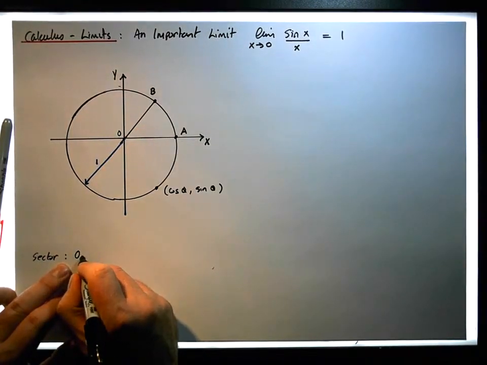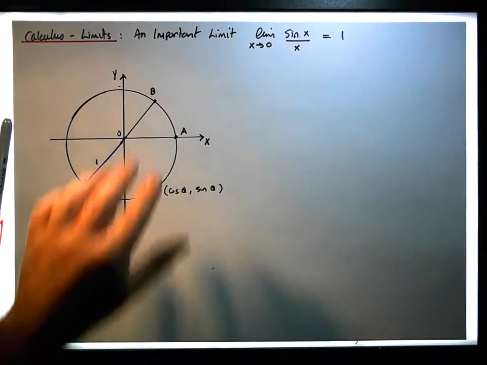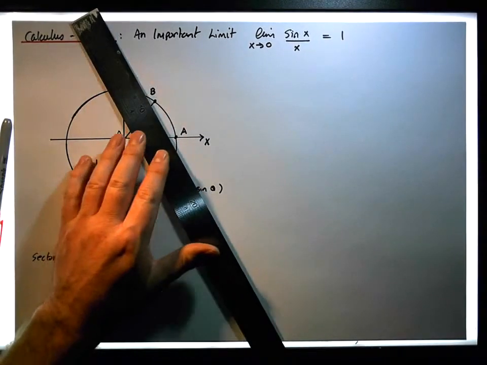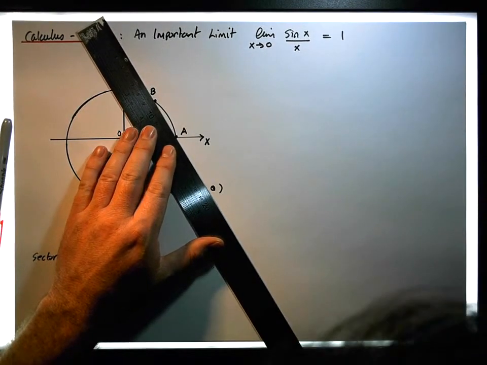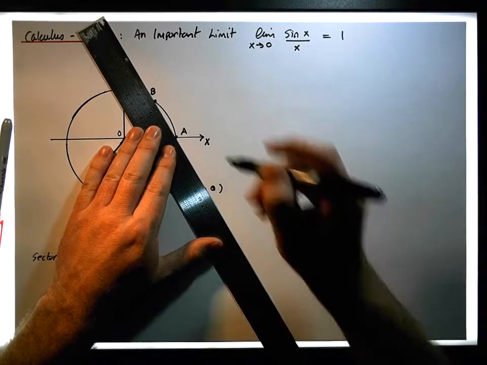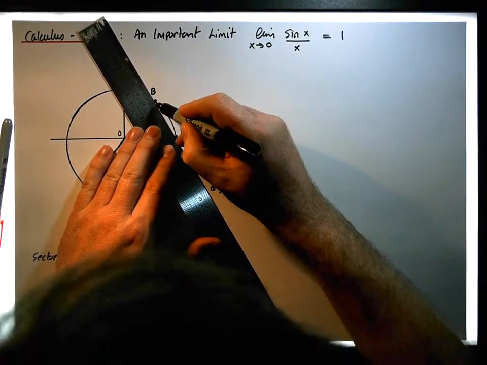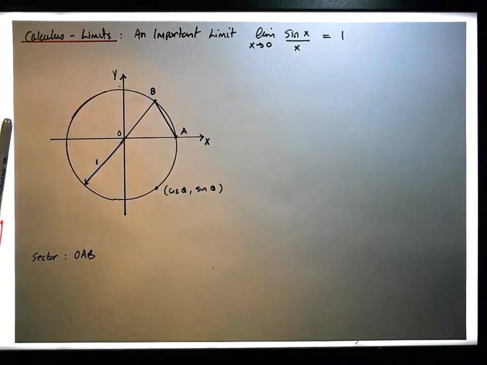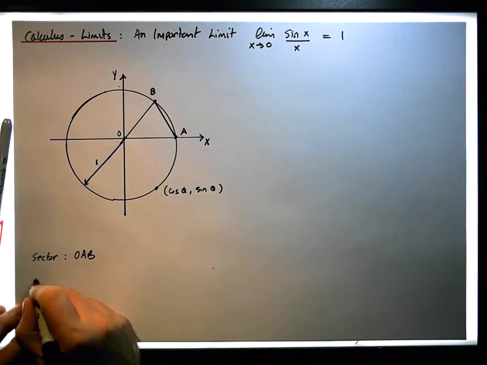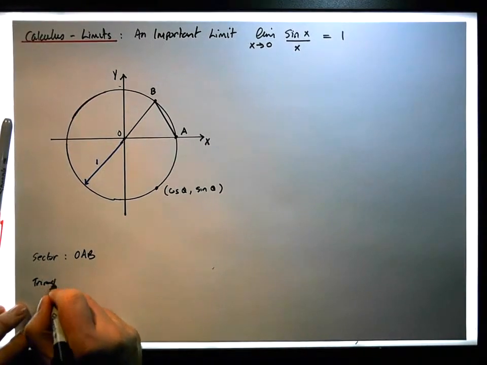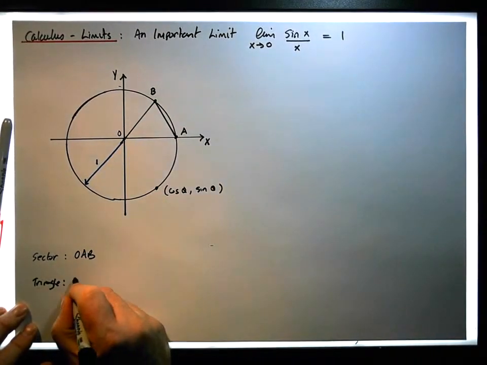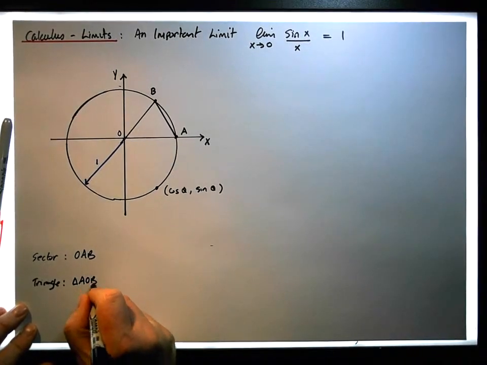And we're also going to create a triangle. We join the line segment between A and B, so now we have a triangle, the triangle AOB.